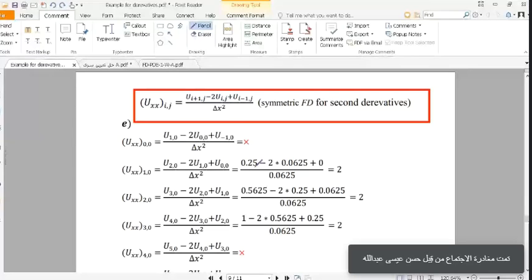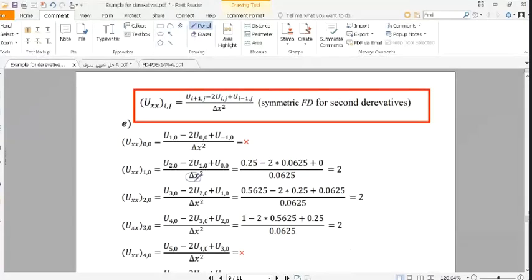Delta x is 0.25, and delta x2 is 0.25 to the power 2, and the result is 0.0625. When we compute this fraction, the result for uxx at x1 and t0 is equal to 2.